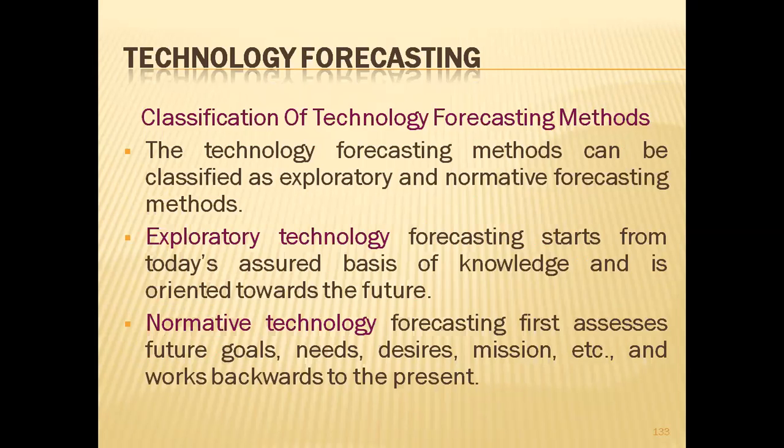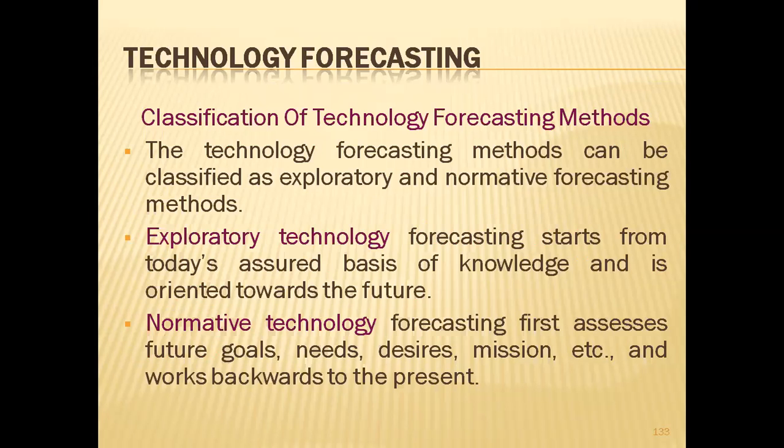You go to the future and come back. What you want to become, what you want to achieve, you have decided in the future, and from there you work backward to the present. It's almost like reverse engineering. So both are different methods.